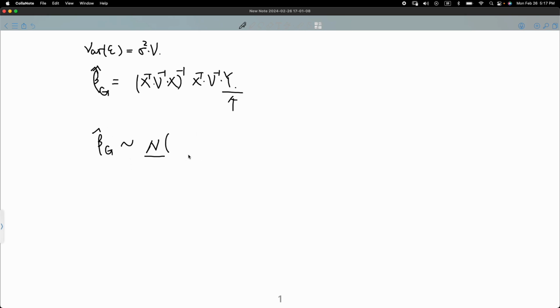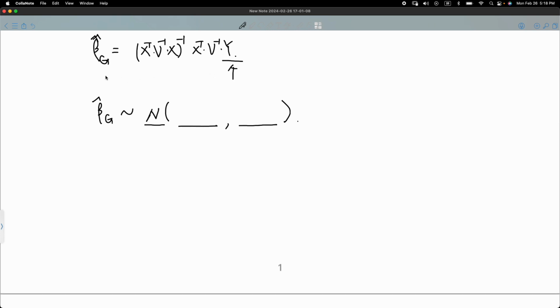Now, two more questions we can ask. What is the mean and the covariance matrix here? What are some approaches that we can use to solve for these two items? We can still find it by plugging in our formulation for beta g and using the expectation and the variance, and then filling in these two components.